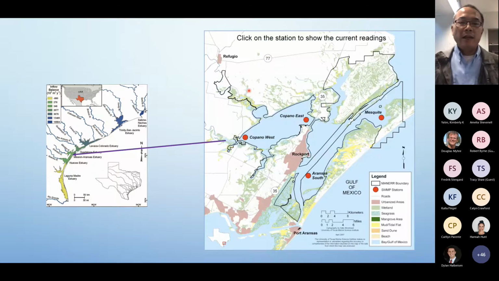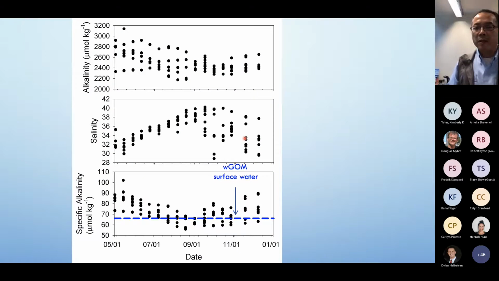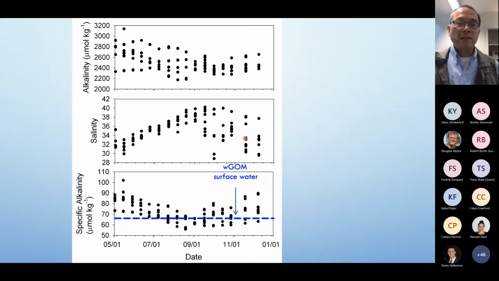If you look, this is again the Texas coastline, and here are a few stations in the Mission-Aransas estuary. This is part of the National Estuarine Research Reserve Network, and we sampled for quite a few years. There was a dry year when we took alkalinity and salinity samples at these five stations.